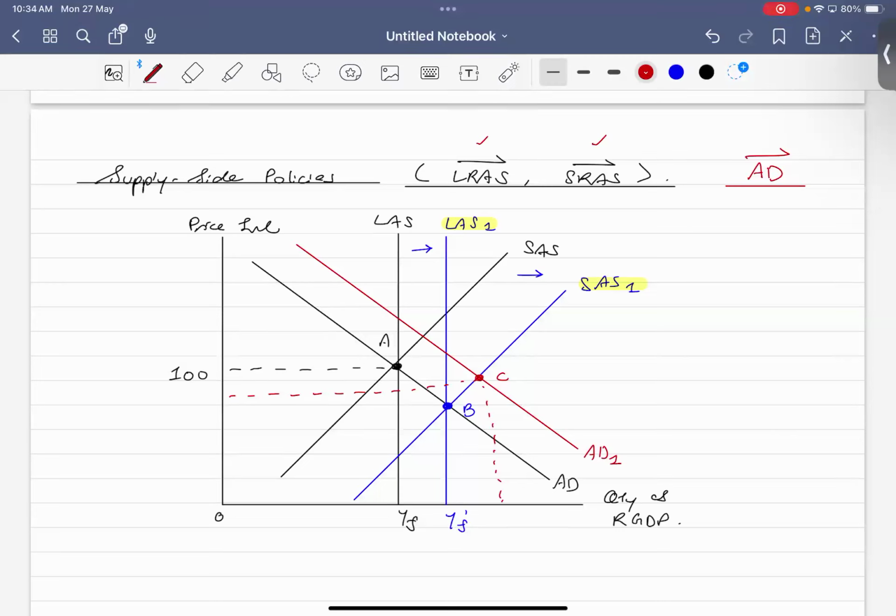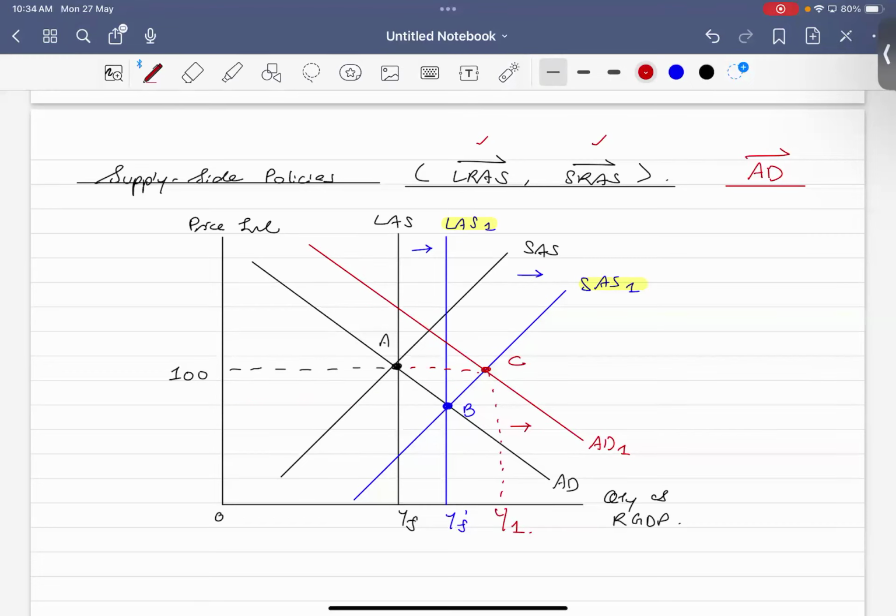So at the end, as long as there's a shift of the AD curve, that is correct already. For this one, I prefer the first one, which is the equal shift. For example, the AD curve shifts equally, like this. So in the end, my point C is here, therefore the price is about the same, and the output becomes higher.